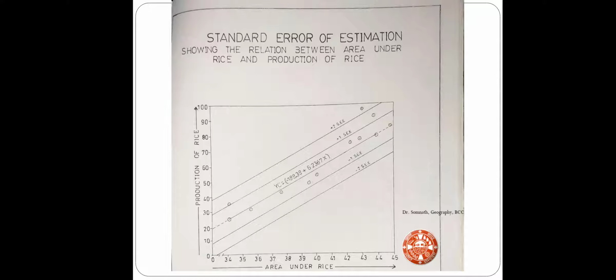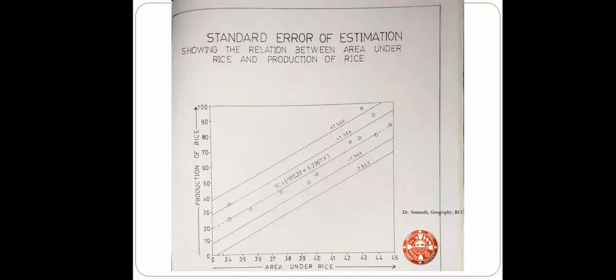Now, in this case, the vertical scale is 1 centimeter equal to 10 units and the SE value is 8.22, so it should be 0.822 centimeter. Vertically from the regression line we mark a point at a distance of 0.822 centimeter in both the positive and the negative direction.